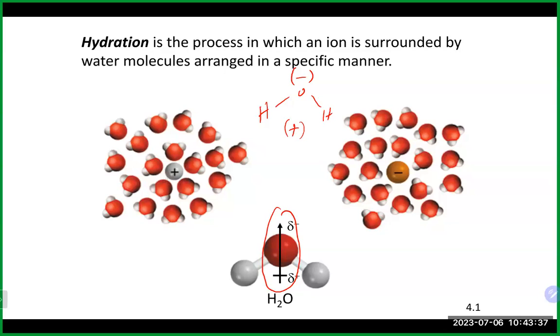The positive ion, as we can see here, is attracted to the negatively charged oxygens, so the oxygens of water surround the positive ion, while the negatively charged anion is attracted to the hydrogen side of water, the white circles in the diagram, which is the more positive side. This does two things.